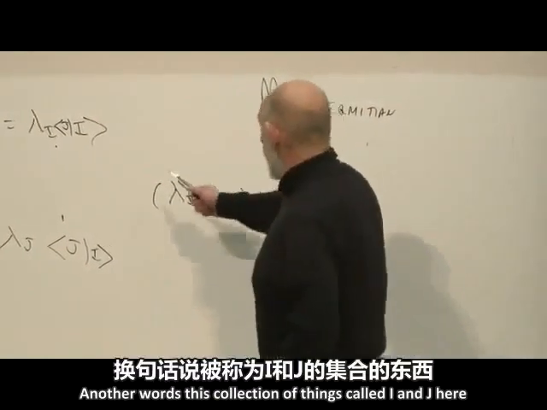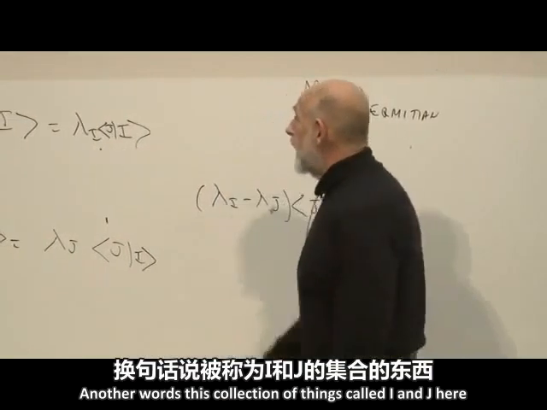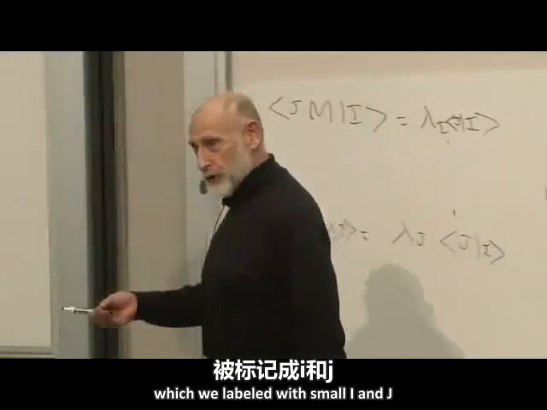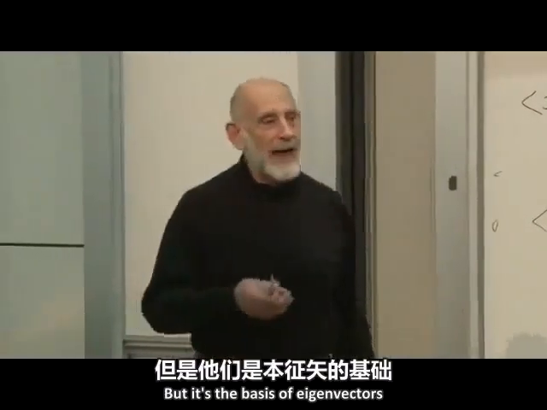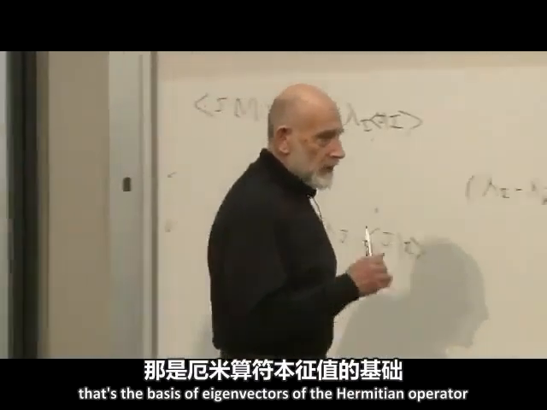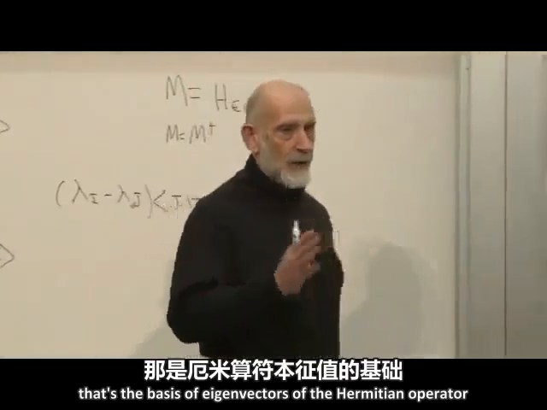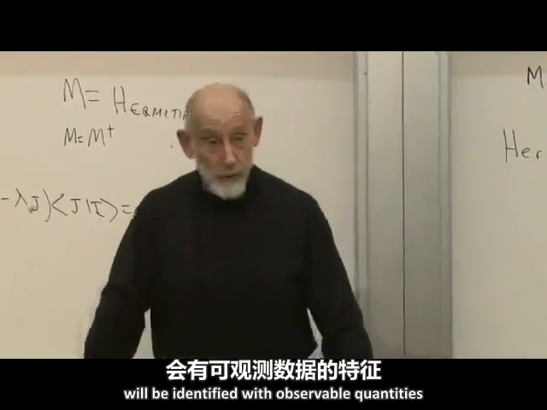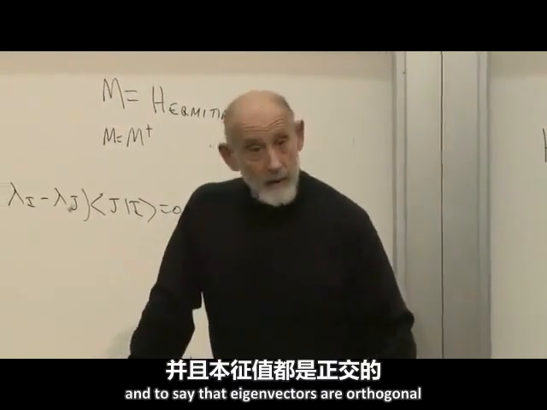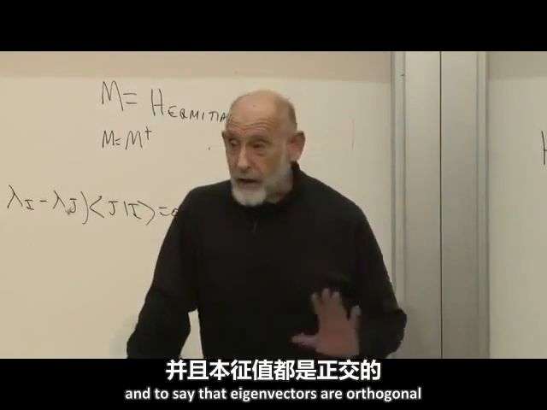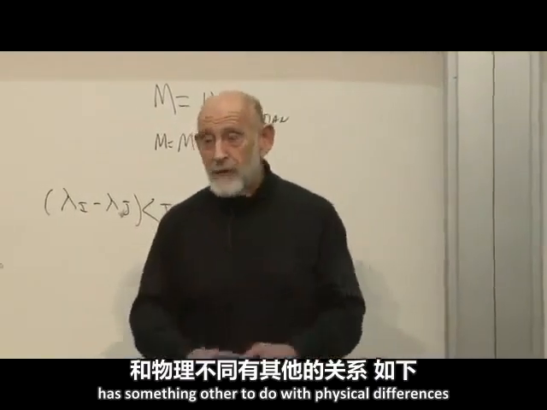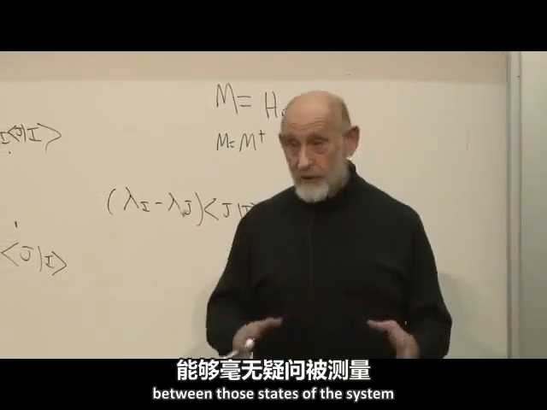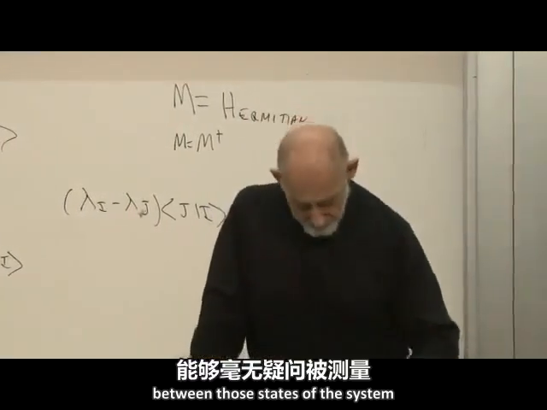In other words, this collection of things called I and J here is a special case of a kind of basis which we labeled with small I and J, but it's the basis of eigenvectors of the Hermitian operator. As I said, Hermitian operators will be identified with observable quantities, and to say that eigenvectors are orthogonal has something or other to do with physical differences that are measurable unambiguously between those states of the system.